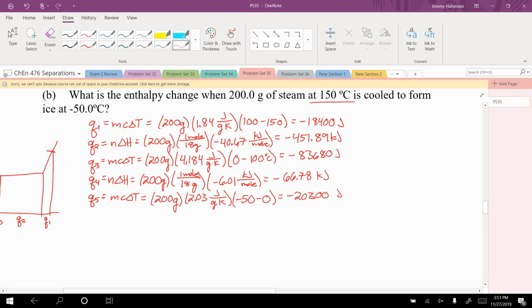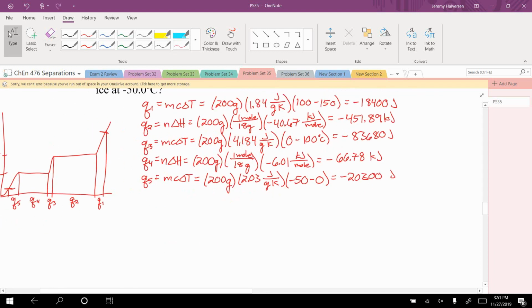Let me just make sure those numbers are right. Yep. Yes. Okay. So now if I want the total heat, I just have to add all of those up. I'm going to again change them to kilojoules on the fly here. So -118.4 plus, nope.